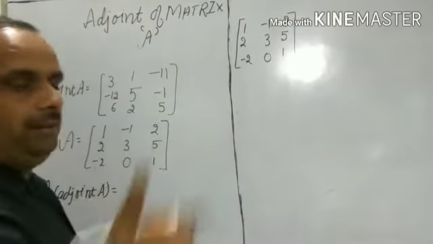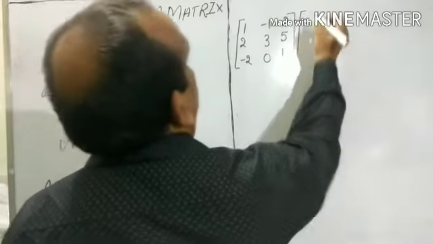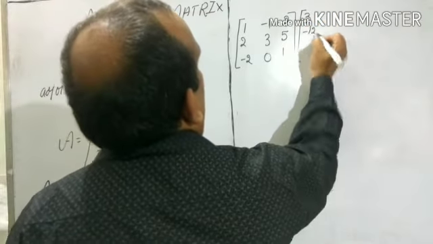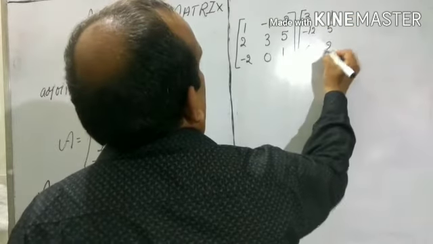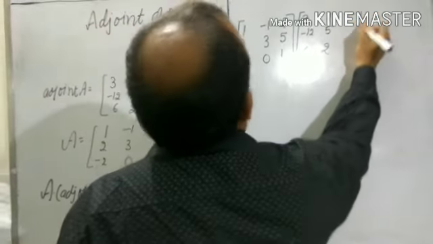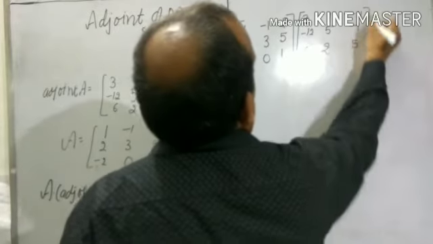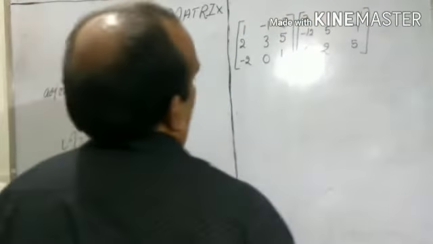This is A matrix. Now adjoint matrix is 3 -12 6, 1 5 2, and -11 -1 and 5. Let us take the product of both the matrices.